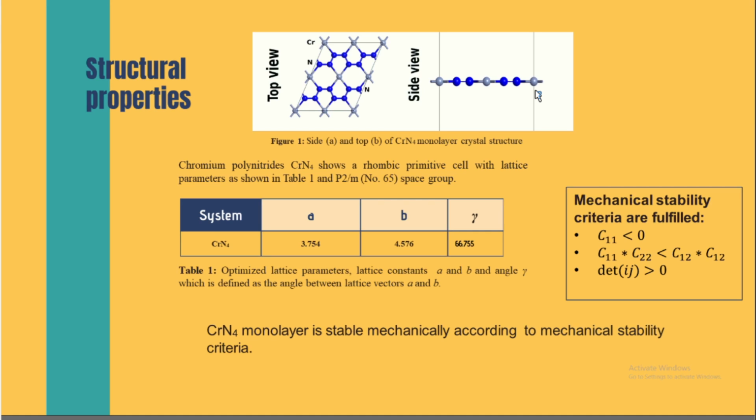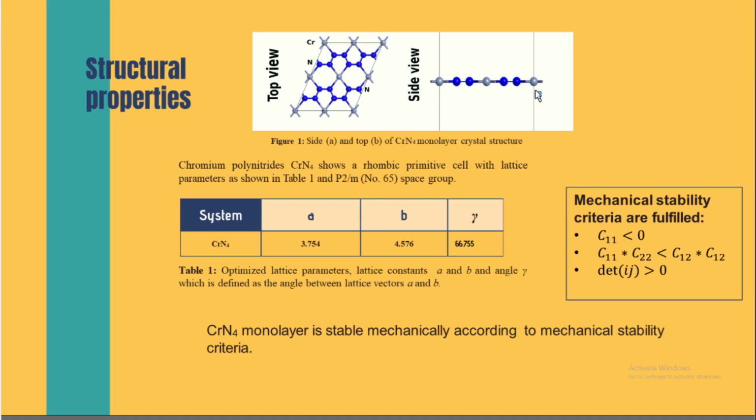This material shows a rhombic primitive cell with space group number 65 according to international notation, with lattice parameters as shown in table 1. So we see the values of a, b, and gamma, which is defined as the angle between lattice vectors a and b.